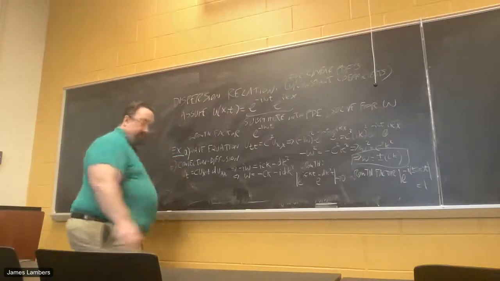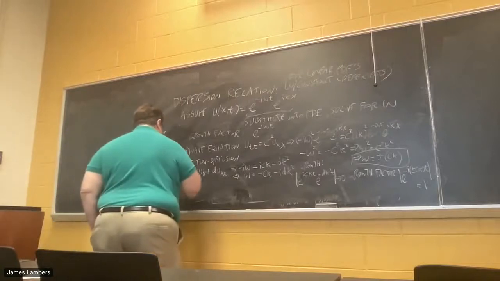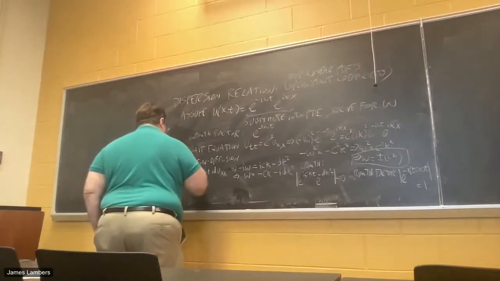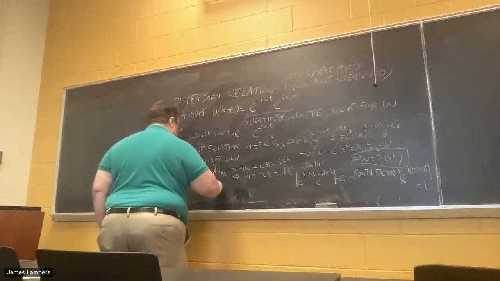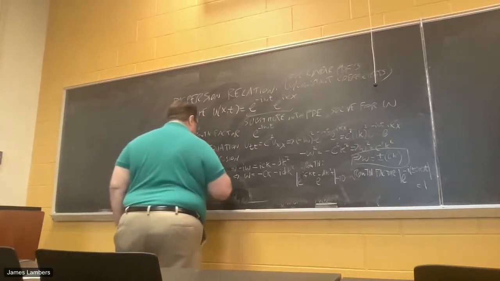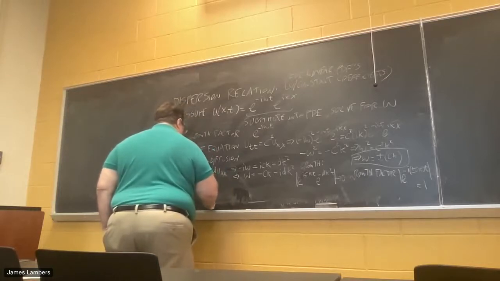One last example is the Schrodinger equation, which is of interest in quantum physics. It's a rather unusual equation, which is I ut, where I is the imaginary unit, equals uxx.